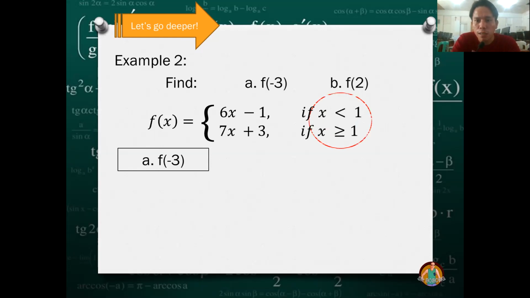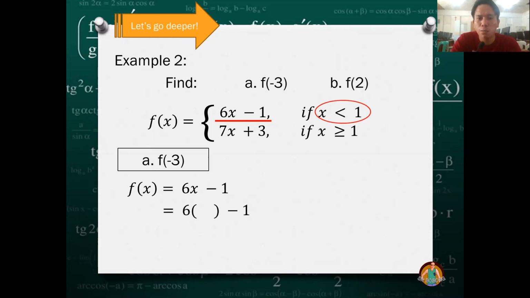Very good, nasa taas, kasi negative 3 is less than 1. So since pasok siya sa condition number 1, yung gagamitin nating function is 6x minus 1. Klaro ba yon?